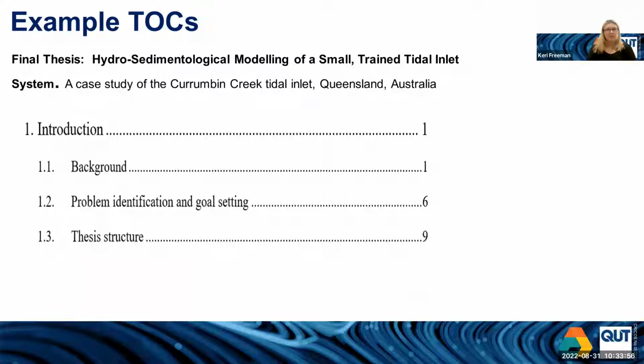Okay, here's another one. This is one I sometimes use as an exemplar. It's a study into the dredging at Currumbin Creek on the Gold Coast. So still about 10 pages, but only a couple of subheadings there, isn't it?